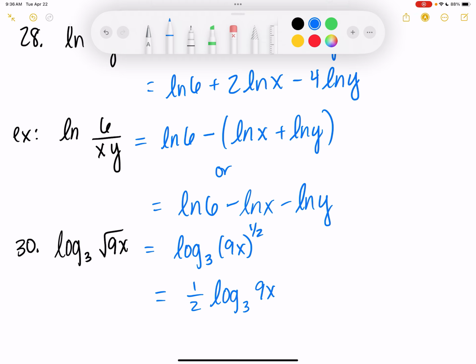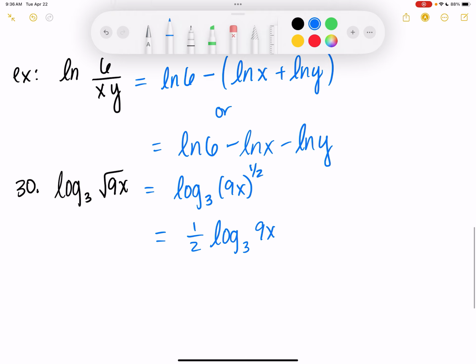But what they're doing is they're just splitting this. So they end up with 1/2 log base 3 of 9 plus 1/2 log base 3 of x. Yes, technically this would be log base 3 of 3 squared, which is equal to 2, but they don't write it that way. I think just because they want it expanded, they're not rewriting it.